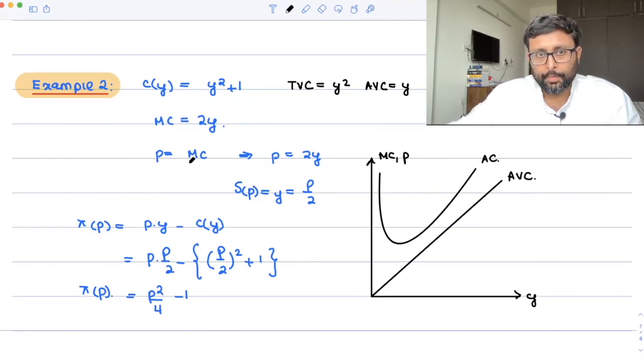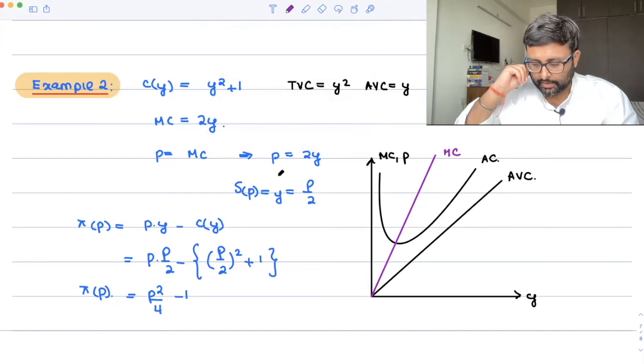MC is what? P is equal to MC, that is P is equal to 2y, or y is equal to P by 2. Beta, so this is what P is equal to y. This is what y is equal to P by 2. That is what MC is. Right? Okay.